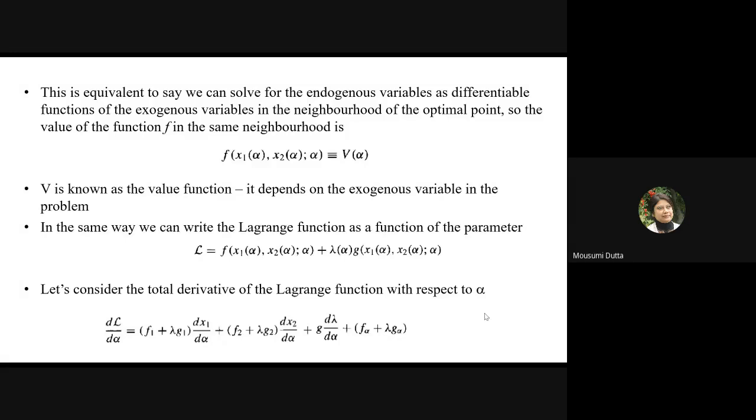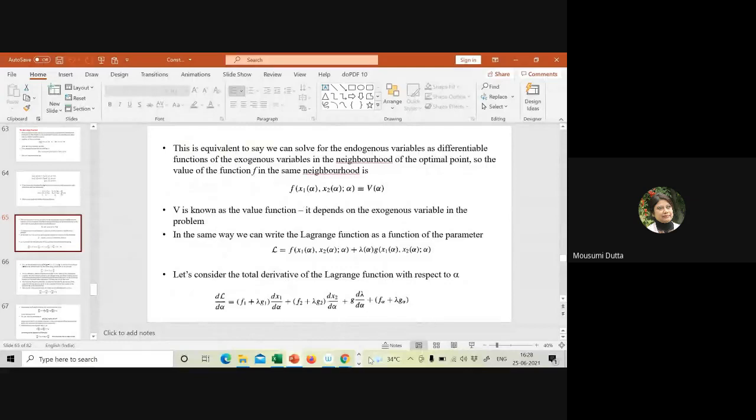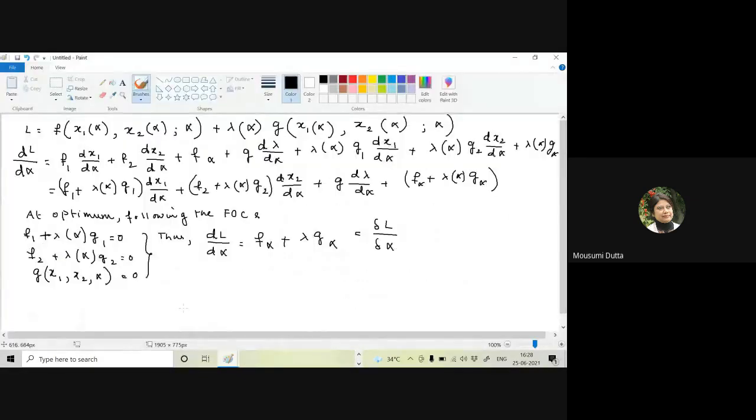So what we are doing, we are writing L in terms of the parameters of the model. Okay. So now it will be better if you do the things with me. L I am writing as a function of the parameters of the model.